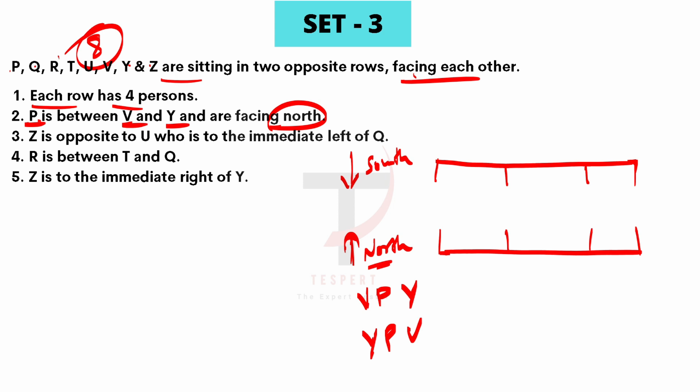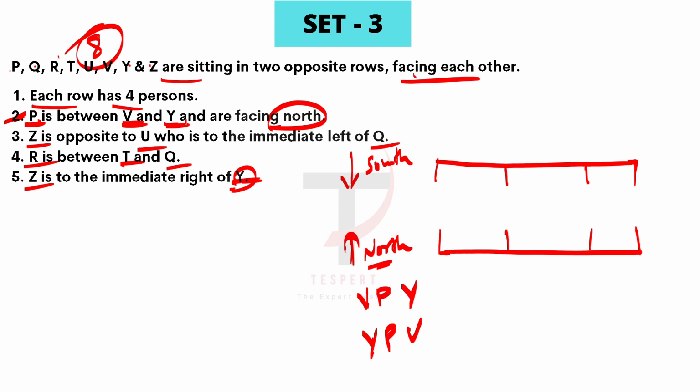Now that we solved the second statement in which P, V and Y are connected, you have to look for one more statement in which at least one of them must be connected. So Z doesn't come in the second statement, neither U nor Q. R doesn't come, T doesn't come, Q doesn't come, Z doesn't come. Yes, Y comes. Y comes in the second statement as well, P, V and Y.